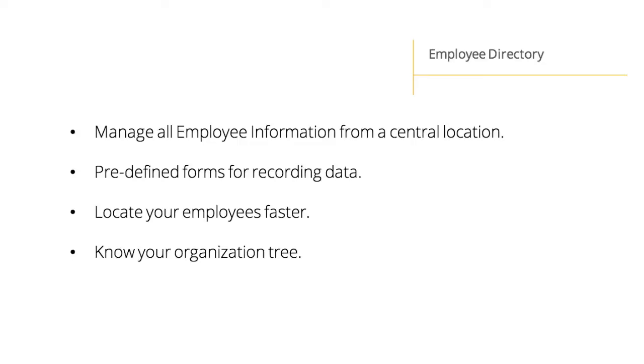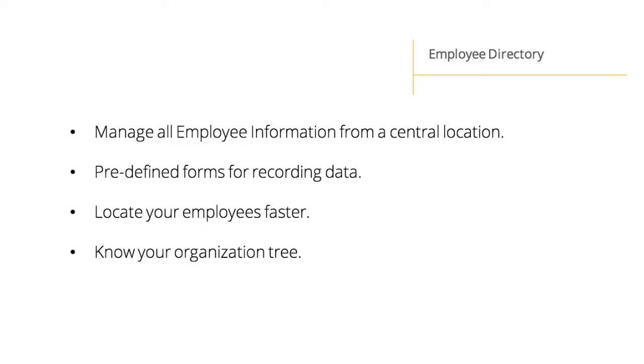Zoho People's centralized employee management system lets you manage all your employee information and other benefits programs from a single location. With the powerful search toolbar provided at the top right corner of your dashboard, you can search or locate an employee based on tags provided or any other attributes. Take, for instance, your name, designation, location, and so on.